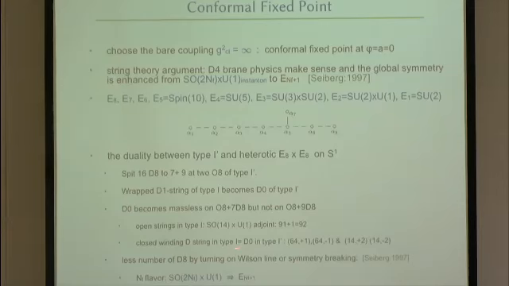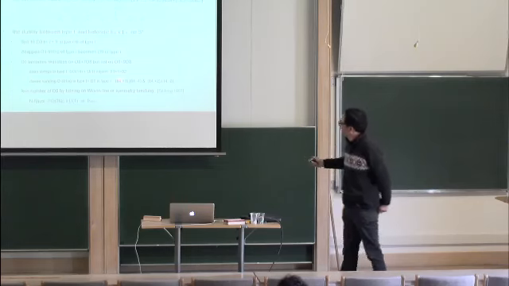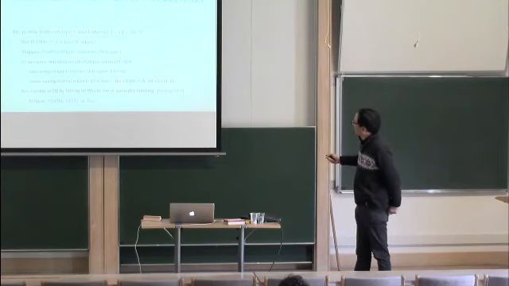One reason the enhancement comes is because of this SO(14) symmetry on the 7 D8 branes with the O8 brane plus instantons. The instantons contribute to this E8 representation, with the single instanton as a spinor representation of SO(14), and also the two instanton as a 14-dimensional fundamental representation.